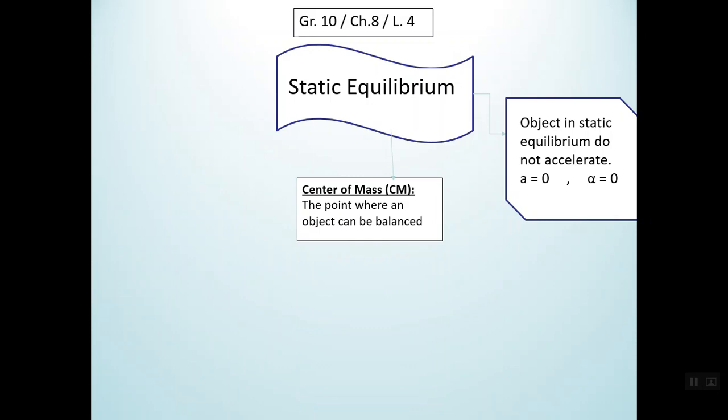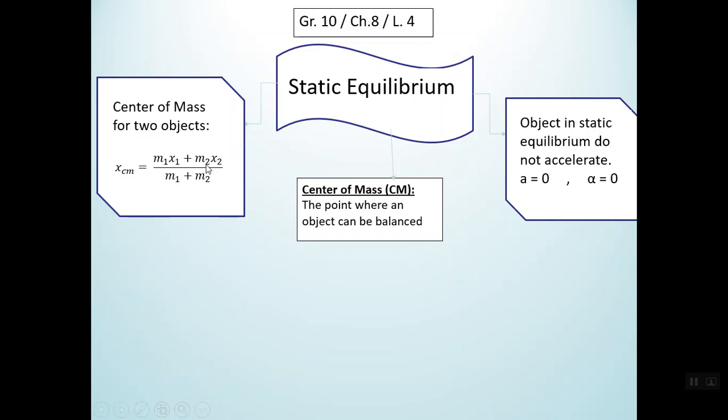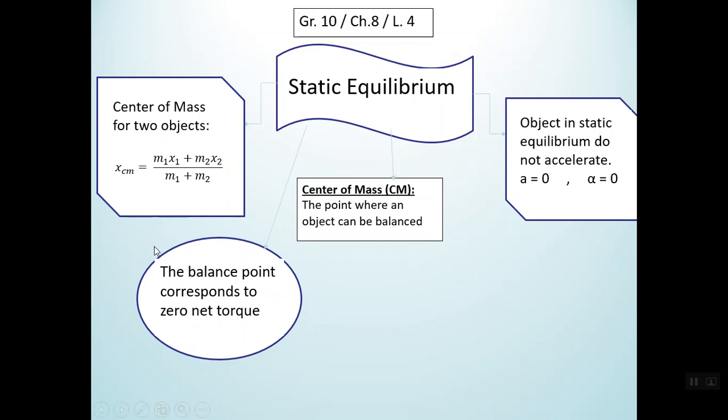And we can find the center of mass, the point where an object can be balanced, by using the equation x center of mass is equal to m1 x1 plus m2 x2 divided by m1 plus m2. Finally, the balance point corresponds to zero net torque.